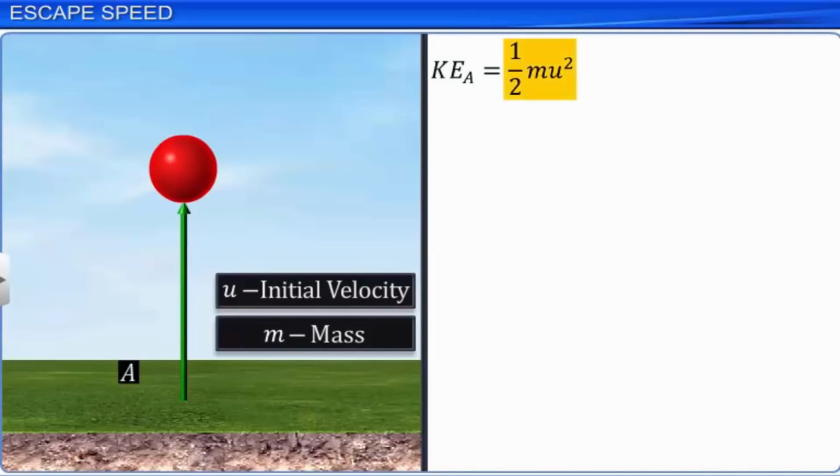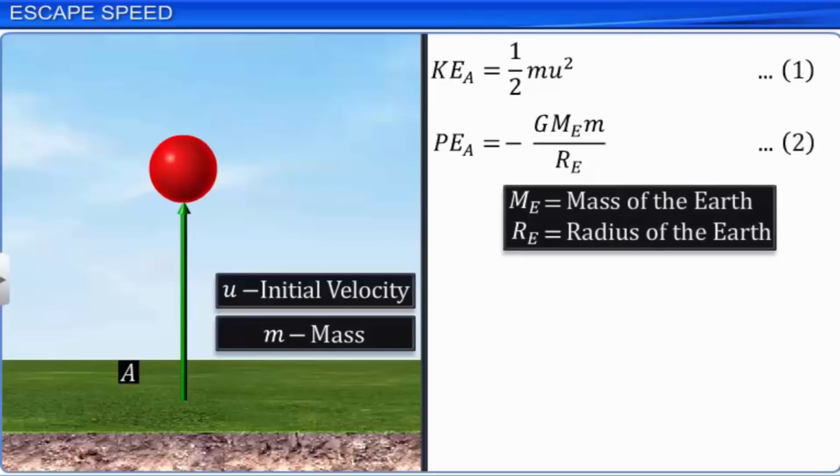Let this be equation 1. The potential energy of the Earth-body system at the Earth's surface is denoted by PE(A) is equal to minus G M(E) m divided by R(E). Let this be equation 2. In this equation, M(E) is the mass of the Earth and R(E) is the radius of the Earth.